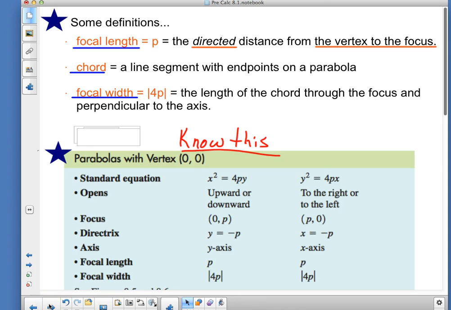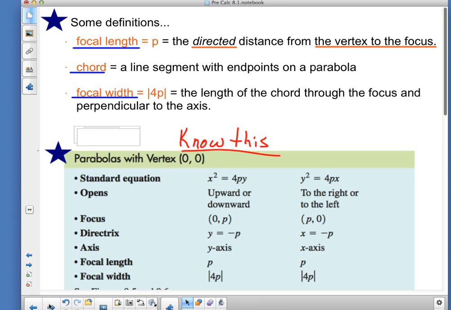So here it is. Focal length is p, the directed distance from the vertex to the focus, directed distance. So if it's positive, it's going to the right or up. If it's negative, it's going to the left or down. Okay. The chord is a line segment with endpoints on a parabola. And the chord we will work with the most is the focal width.